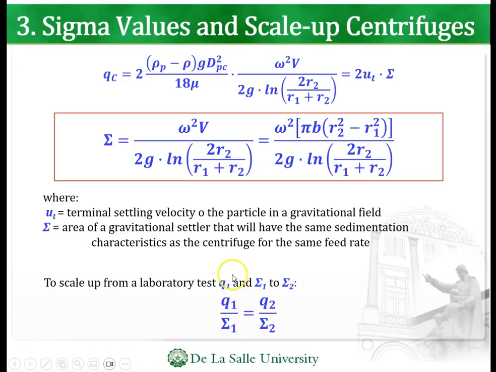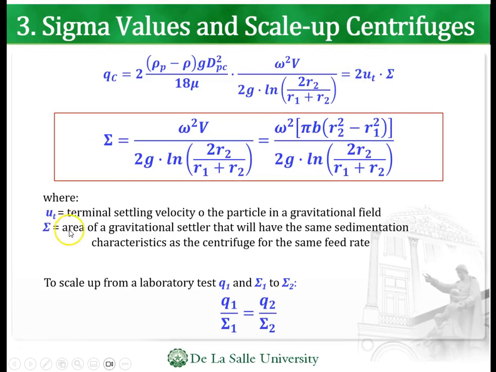Now, let's go to another concept. You already know what QC is, the critical flow rate. Sometimes there is a need, because if we apply things at a laboratory scale, we would want to scale it up. So we need to get what you call the sigma values. This is the formula for the sigma values. Basically, QC, you already know the formula, is equal to 2 times the terminal velocity times sigma.